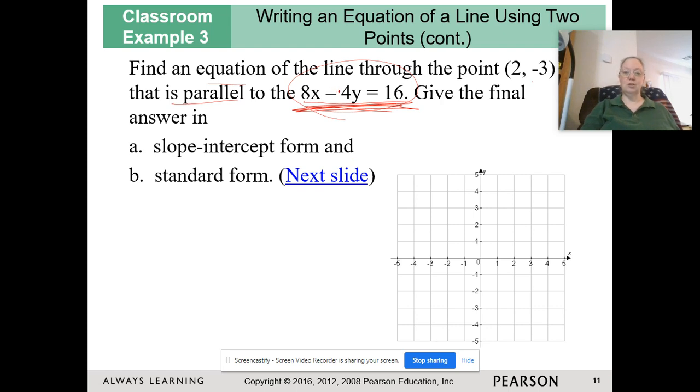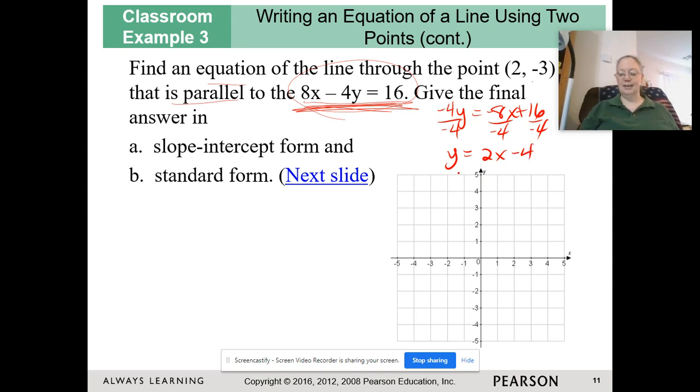So what we're going to do is put this in slope-intercept form. So we're going to subtract our 8x. So we have negative 4y is equal to negative 8x plus 16. Divide by negative 4. Y is equal to 2x minus 4. I'm going to graph this.